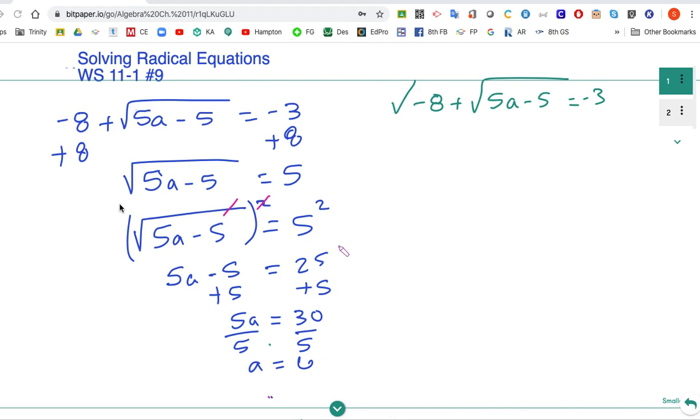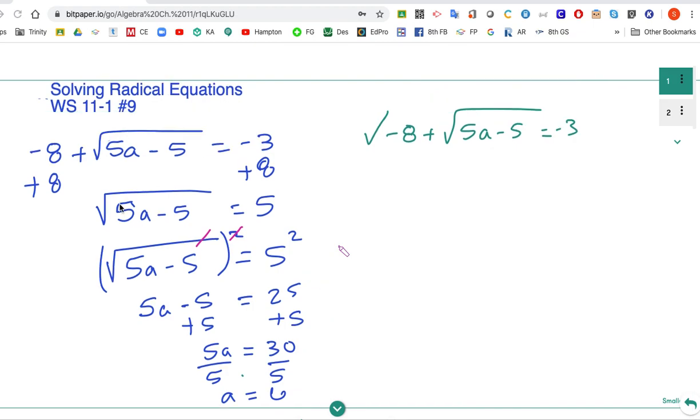Now we're going to come over and check it using the same exact equation. So we're going to do negative 8 plus the square root of 5.